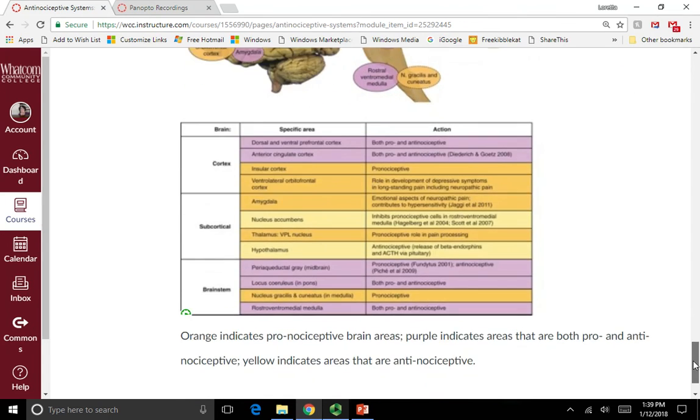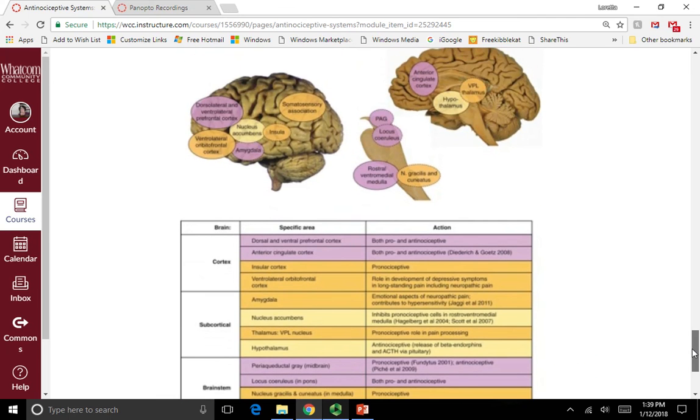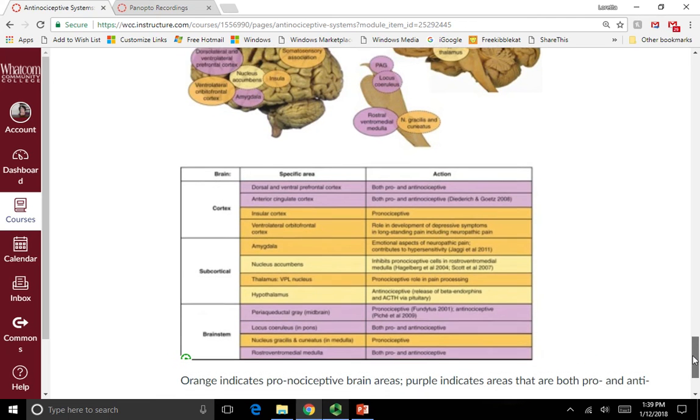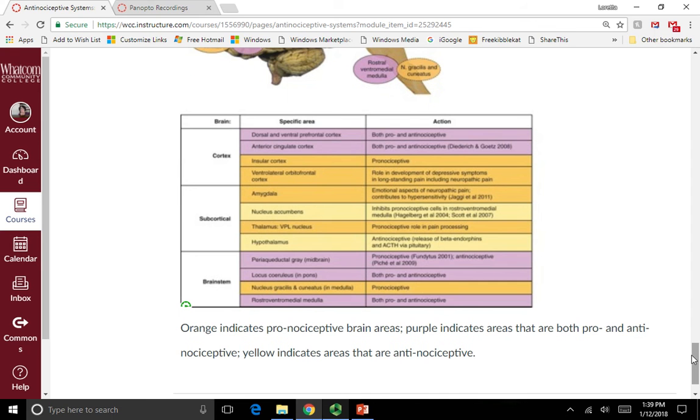So this is a chart from the book, and I don't want you to memorize it or even read it. I just want you to get an idea of things that can happen to influence pain. So the orange on the chart indicates pro-nociceptive brain areas. The purple indicates areas that can be both pro or anti-nociceptive, and the yellow is areas that are anti-nociceptive.